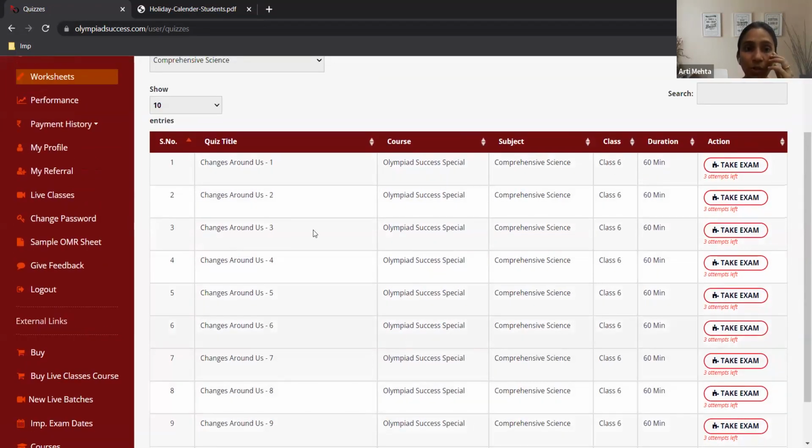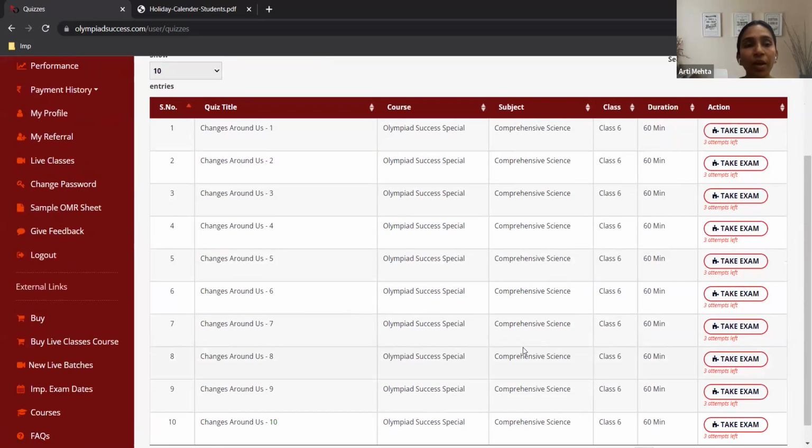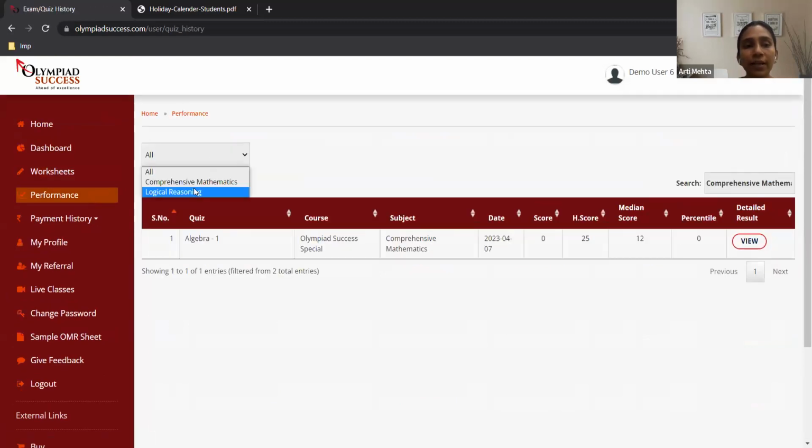Each of these topic-wise worksheets has 25 questions for you to attempt. Finally, you can check your answer keys by going to the performance tab and selecting your subject. Let's say I have not given any science examination right now, so I'll select comprehensive mathematics, and then click on the view button to see my answer keys. All right, kids, that is all about the platform.